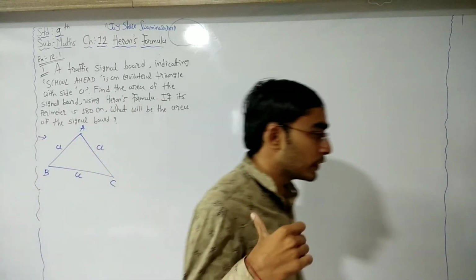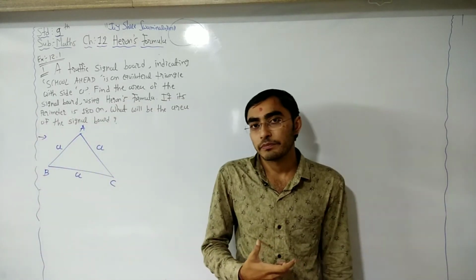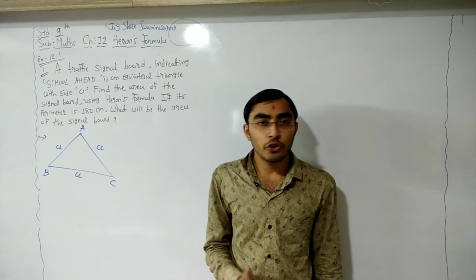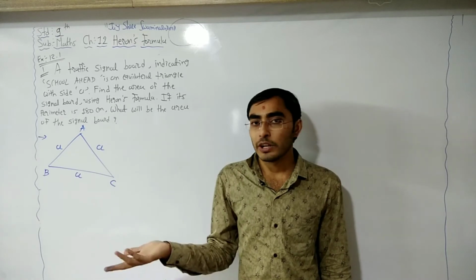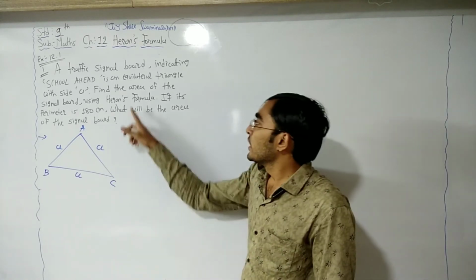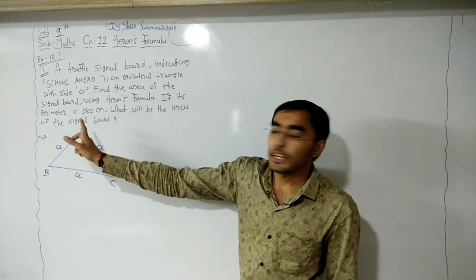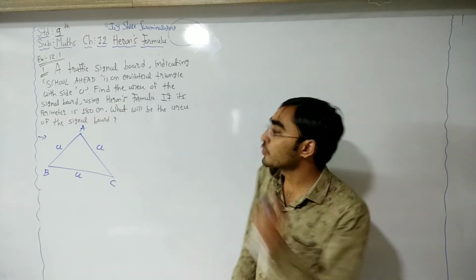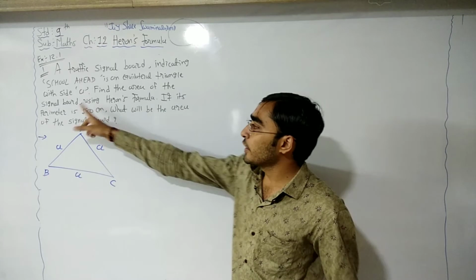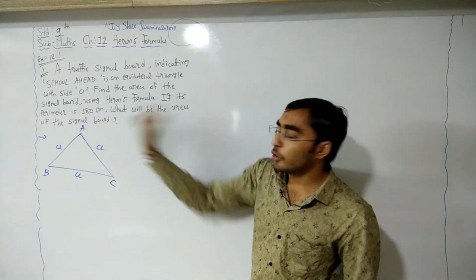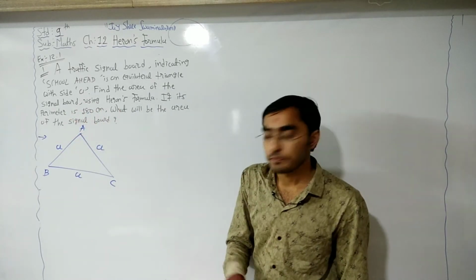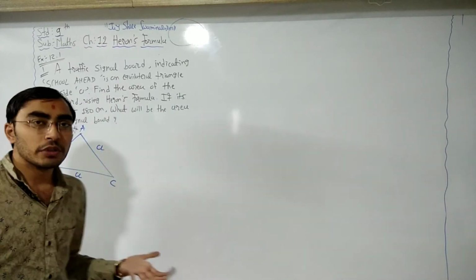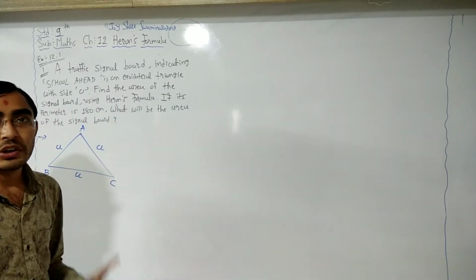So first of all we need to use Heron's formula, and by using it we prove that formula. After that, if the perimeter is 180 cm, find the area of the signal board. Otherwise, directly we know the formula root 3 by 4 side square.